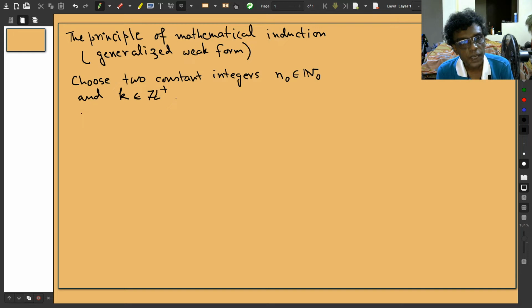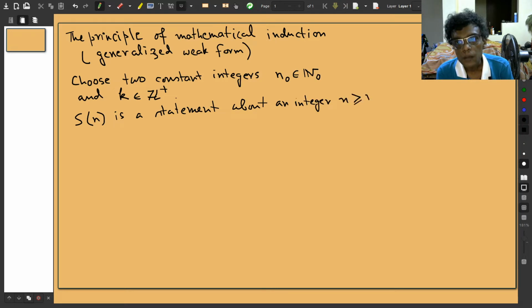And suppose again that Sn is a statement about an integer n greater than or equal to n0, and suppose that we have two things.